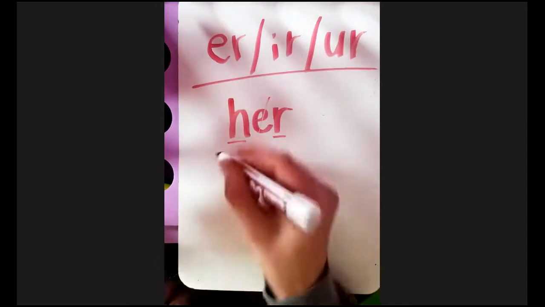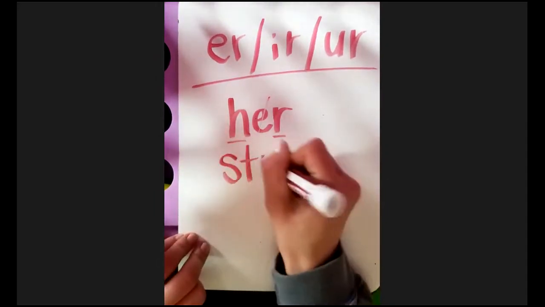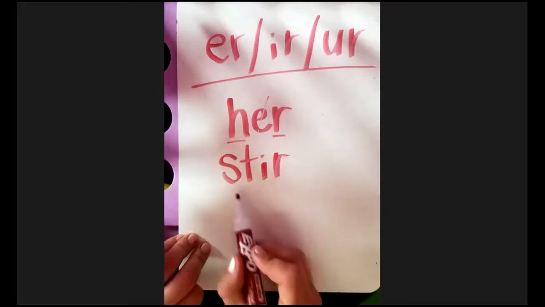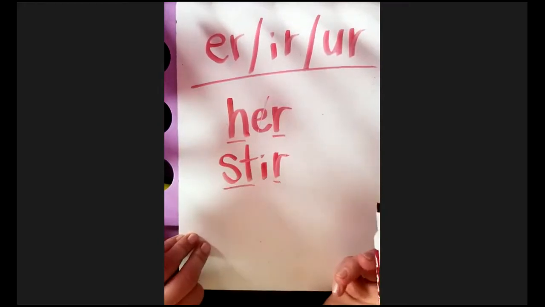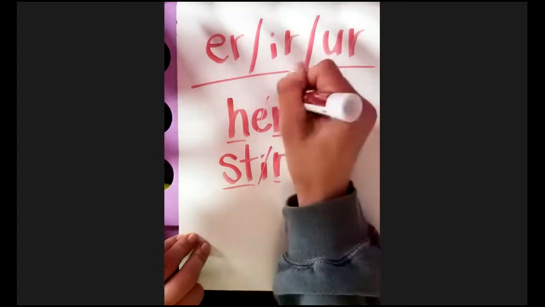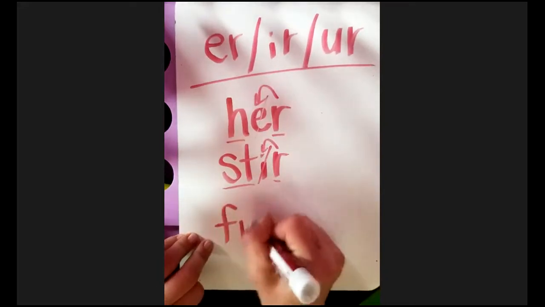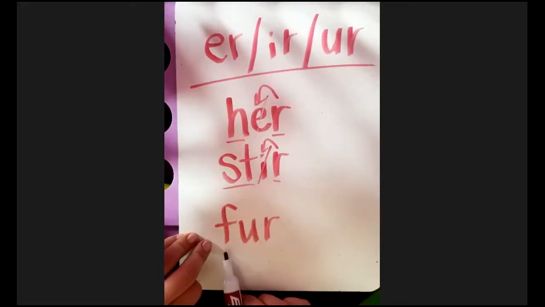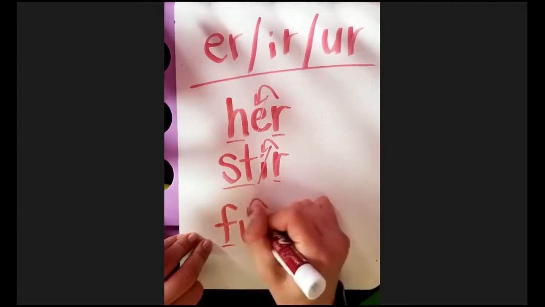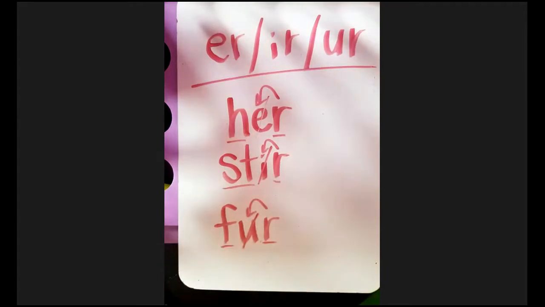Another one where we might see a bossy R is the word stir. We don't even hear that I. This R is totally controlling the vowel. Maybe in the word fur, you just hear those two. The R is controlling that vowel again. So when you have ER, IR, and UR, you don't even really hear the vowel at all.